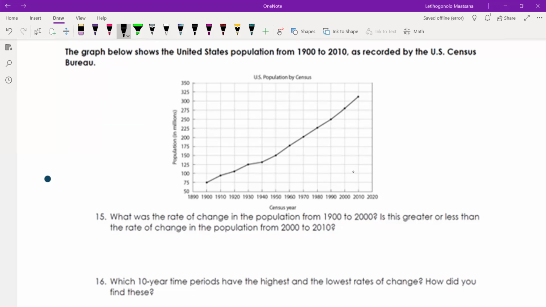So let's go from this point over here to 2000, that point over there. We can calculate the average rate of growth here by calculating the change in y over the change in x.